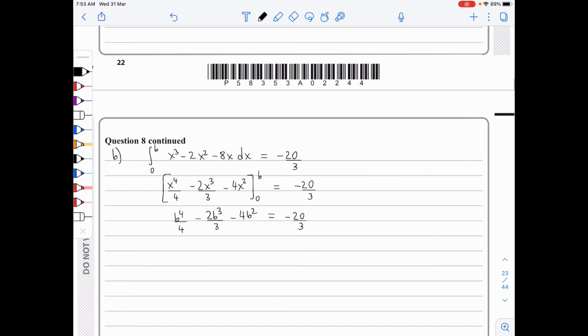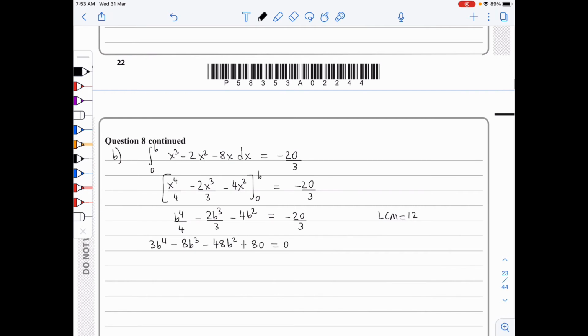The idea is to collect everything on the left, the right hand side being 0, and also get rid of any fractions to see what we get. So the LCM here is 12. So we have 3b to the power of 4 minus 8b cubed minus 48b squared plus 80 equal to 0.